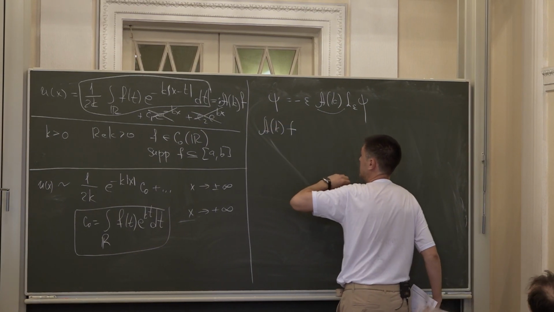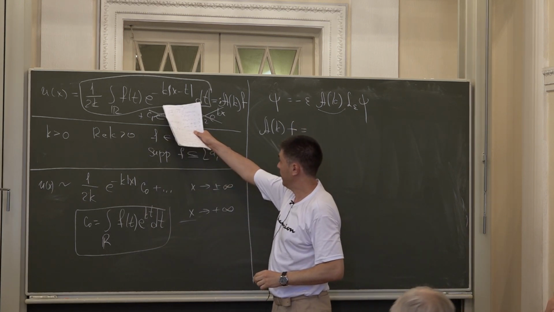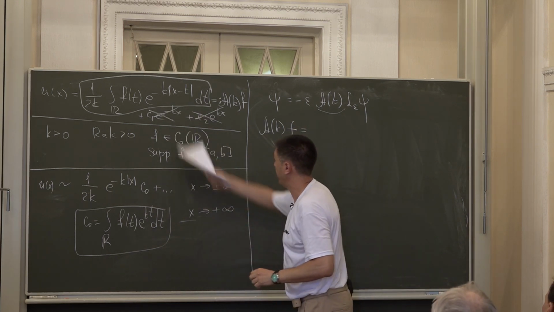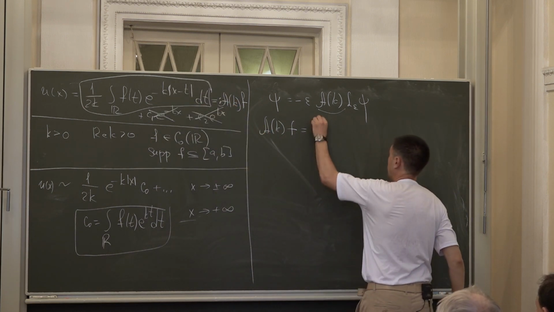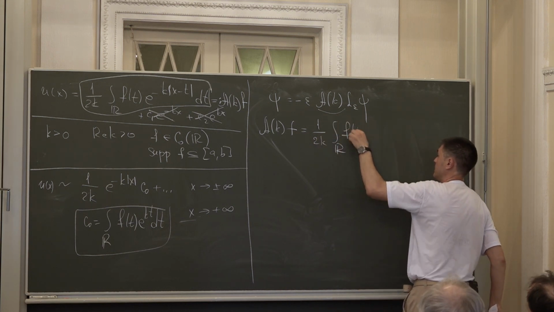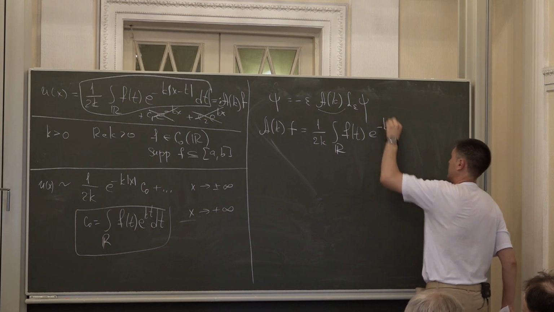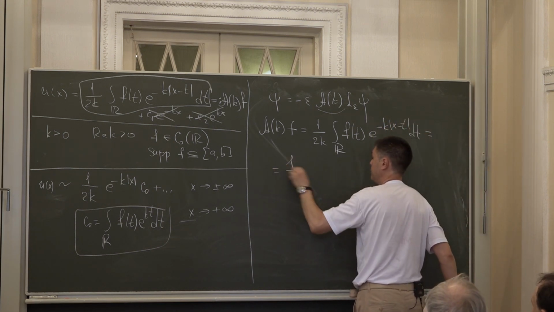So if I say that k is small, what I do is that I just write the expansion for this exponent with respect to k. So this is the definition.